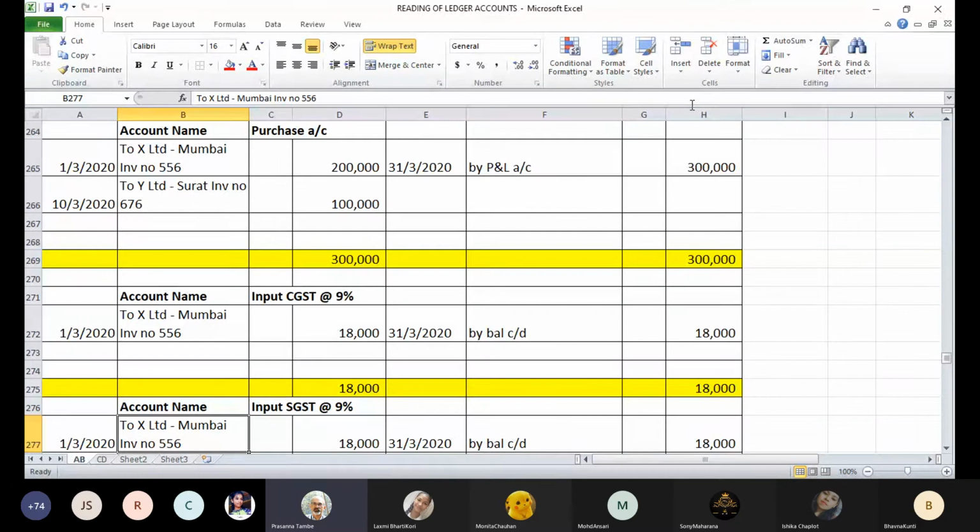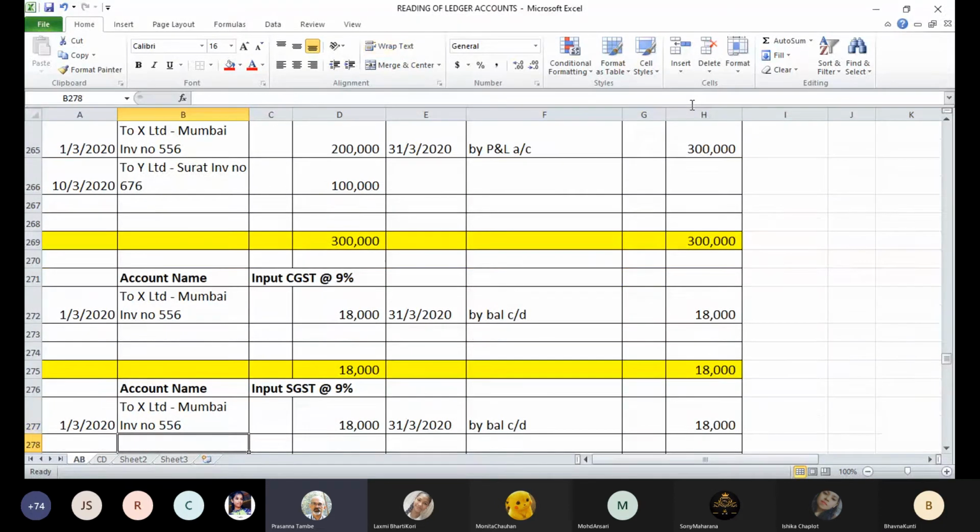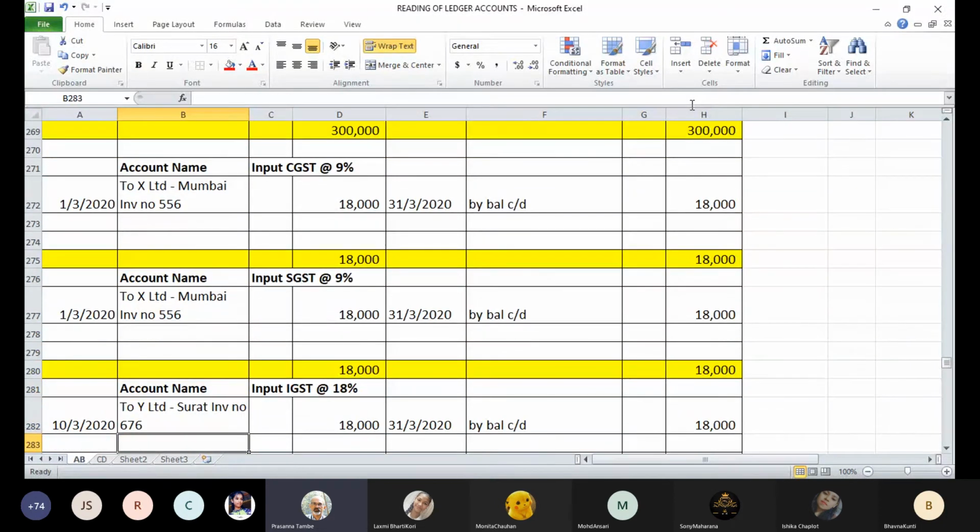Likewise, on purchases we call it input GST. So you may have input CGST, input SGST, and input IGST. If you purchase goods from outside Maharashtra, it will be IGST. If you purchase goods within Maharashtra, it will be a combination of CGST and SGST.